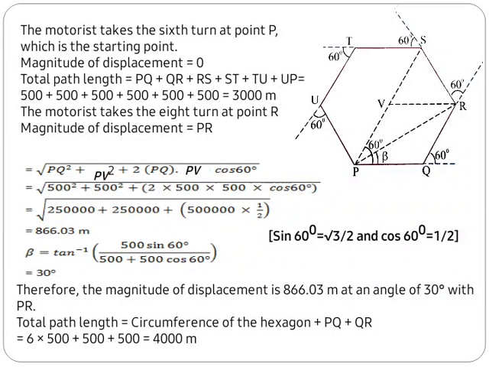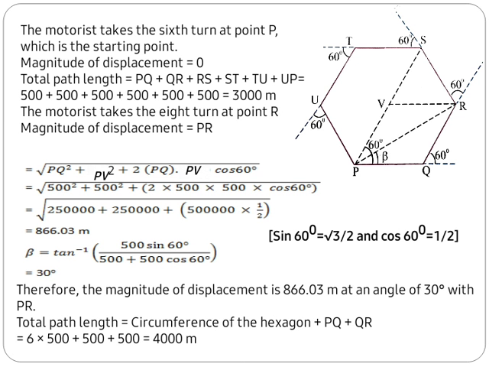The motorist takes the eighth turn at the point R, then the magnitude of the displacement will be equal to PR. How can we find the magnitude of the displacement PR, which is found by using the law of cosine.